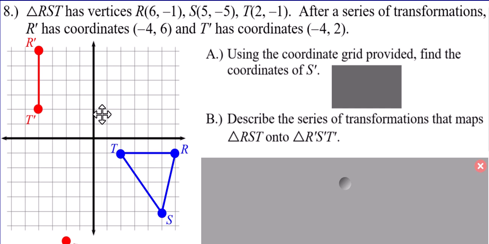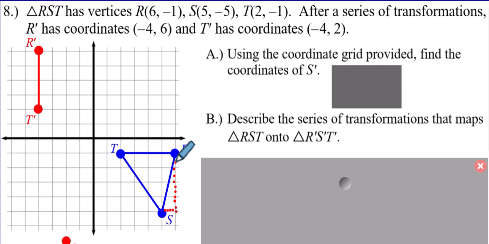So with that in mind, we could kind of count how far it was to get from R to S. So it was 1, 2, 3, 4, right? 1, 2, 3, 4 down, and then 1 to the left. So when you rotate 90 degrees counterclockwise, what used to go up and down is now going to go left and right.